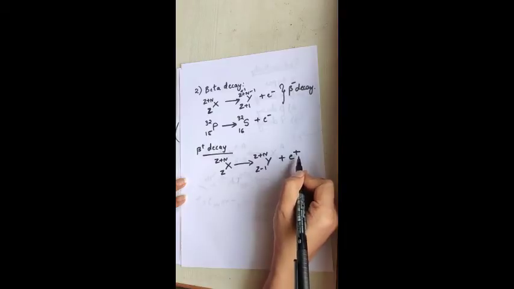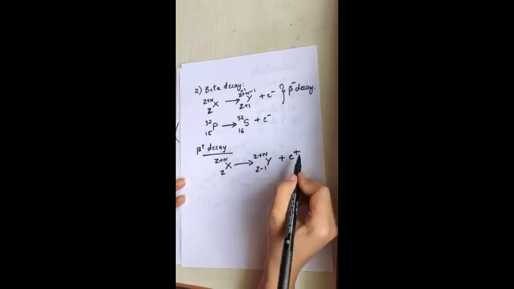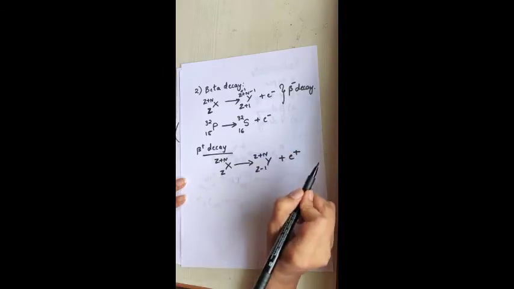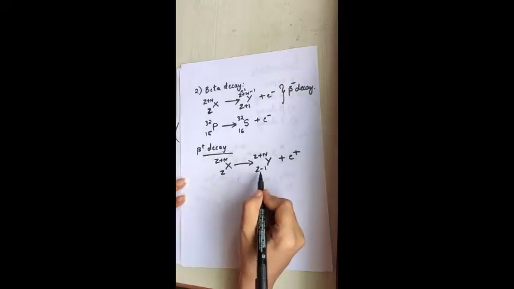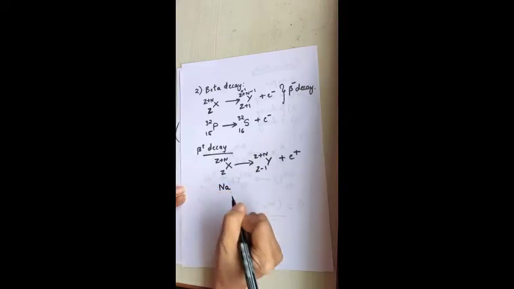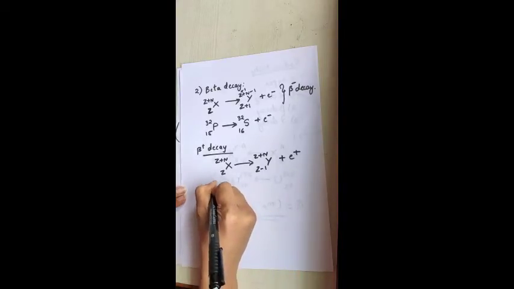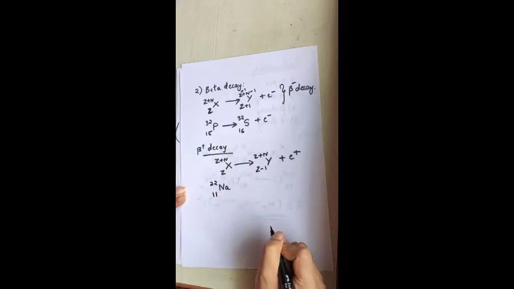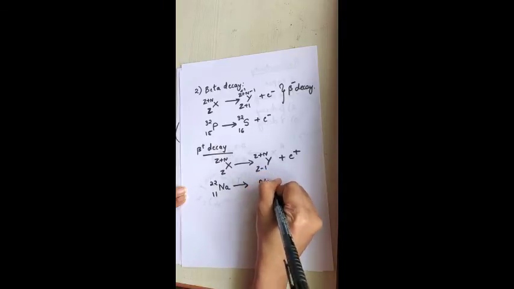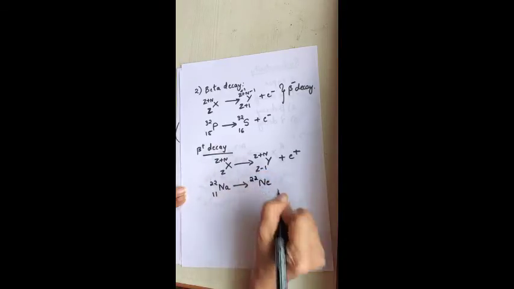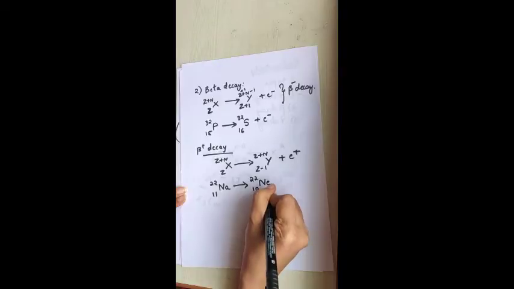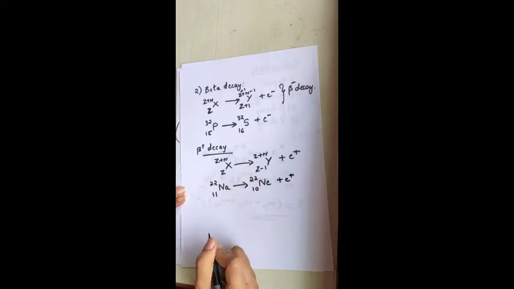The positron has the same mass as the electron, only the charge differs: electrons are negatively charged, positrons are positively charged. So the only difference is in the proton numbers. The best example is sodium, with mass number 22 and atomic number 11. When beta plus decay takes place, sodium gets converted into neon, because the mass number remains the same and 11 minus 1 is 10. The element with atomic number 10 is neon, and a positron is liberated.